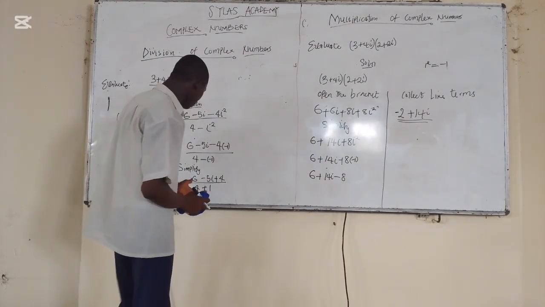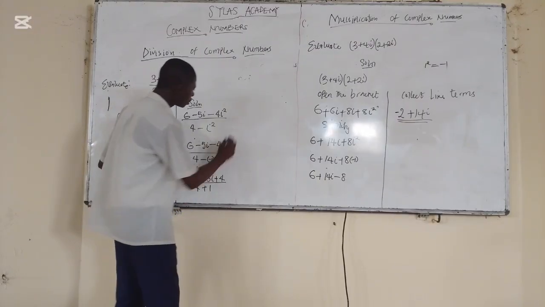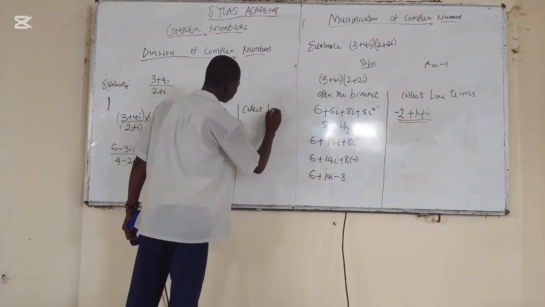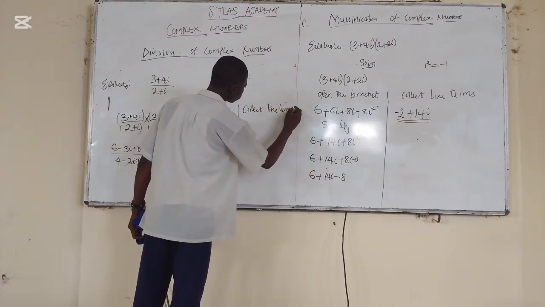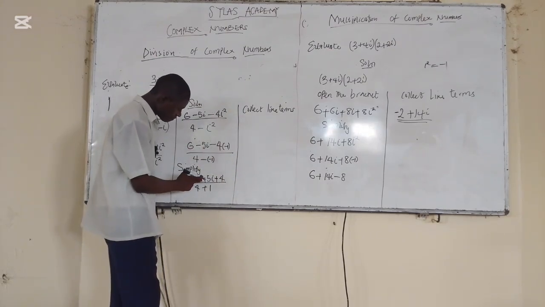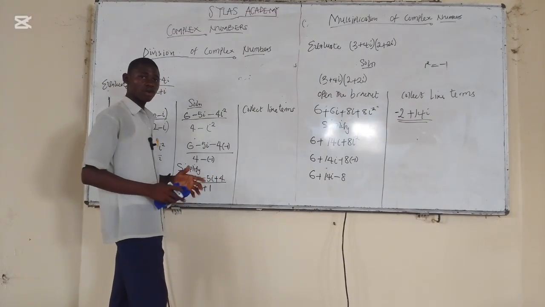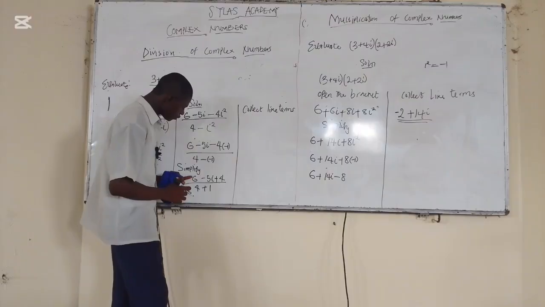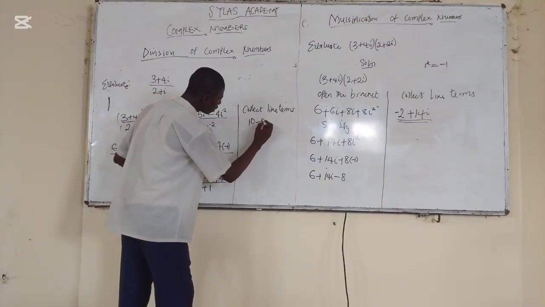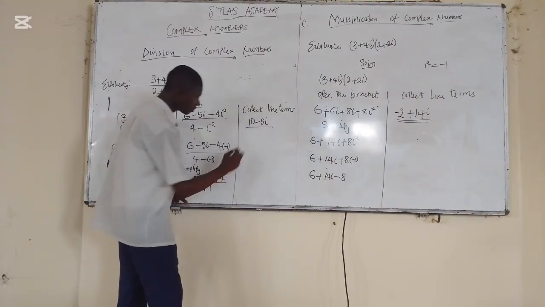Having something like this, what are you going to do? These are like terms also. Let's collect like terms here. 5i stands on its own. 6 and 4 are like terms because they don't have coefficients. So 6 plus 4 gives you 10, plus 5i, all over 4 plus 1 gives you 5.